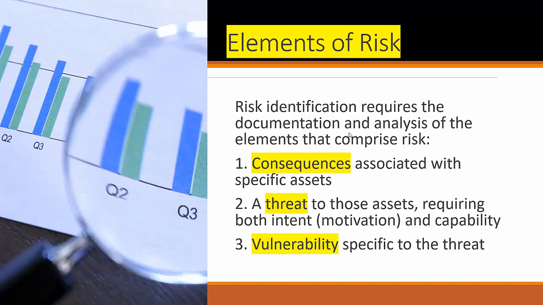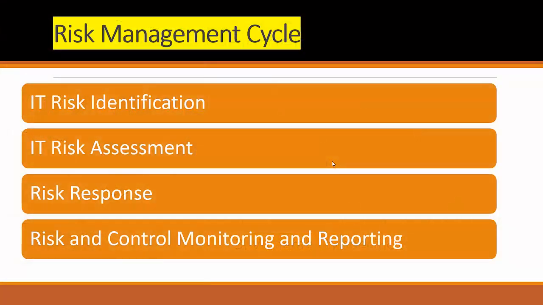When you're talking about the ultimate goal of risk management, it is to mitigate the risk to an acceptable level, because 100% risk cannot be eliminated. The risk management cycle or framework is categorized into four functions: IT risk identification, IT risk assessment, risk response, and risk and control monitoring and reporting.